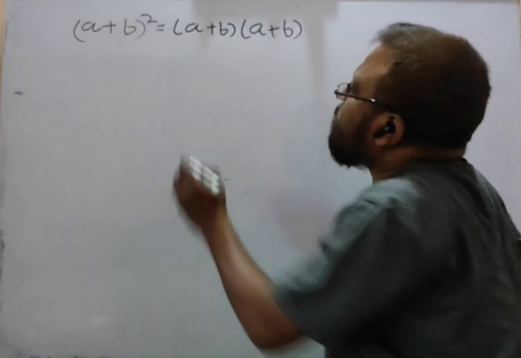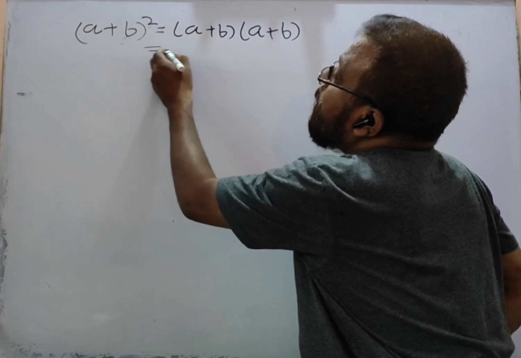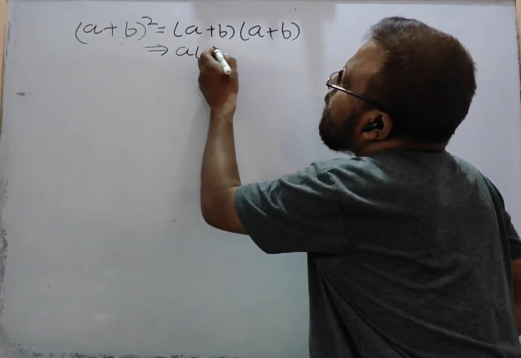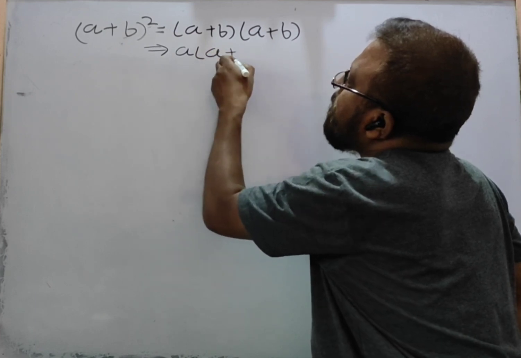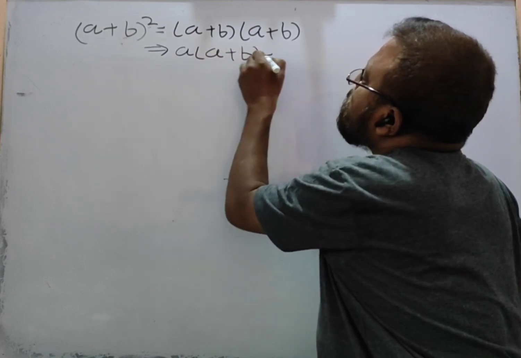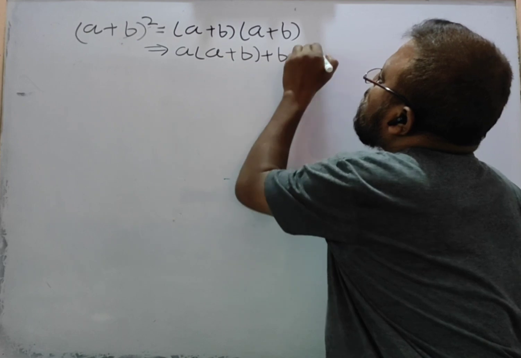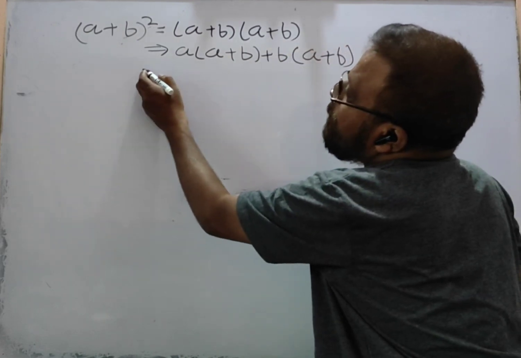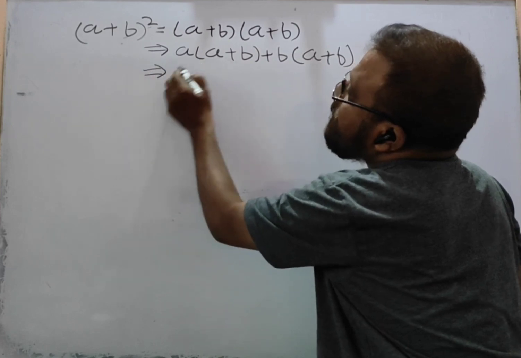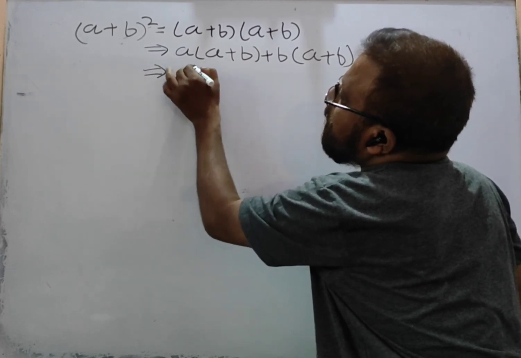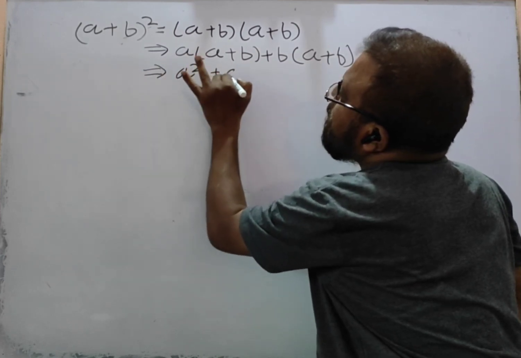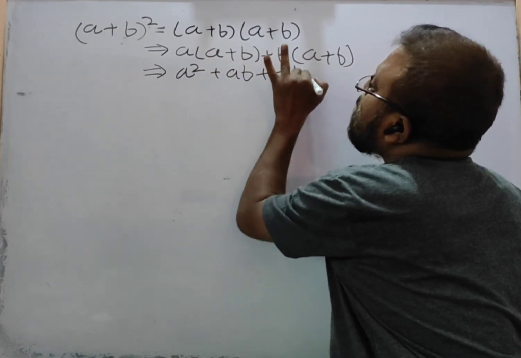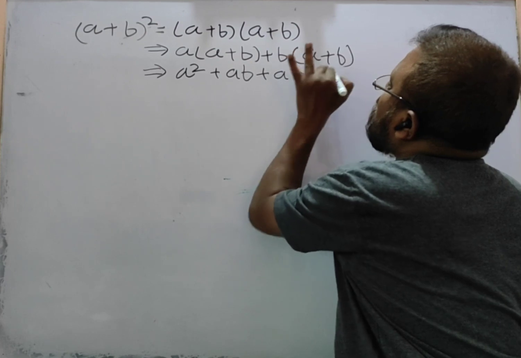When we multiplied it, it becomes a bracket a plus b plus b bracket a plus b. So this is a square plus ab plus ab plus b square.